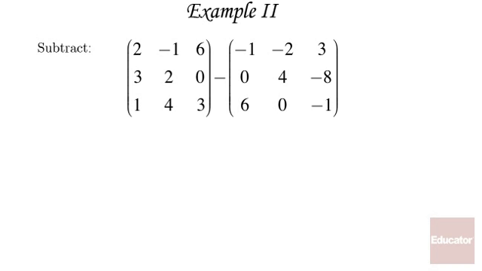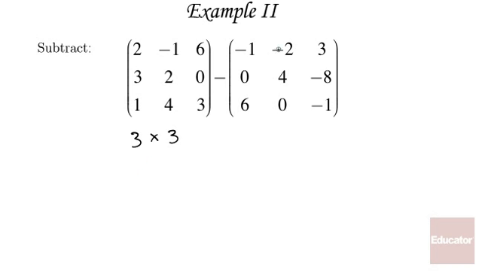Example 2 involves subtraction. And first, verifying the dimensions. 1, 2, 3 rows, 1, 2, 3 columns. So this is a matrix with 3 rows and 3 columns. So it's a square matrix since it has the same dimensions in both directions.